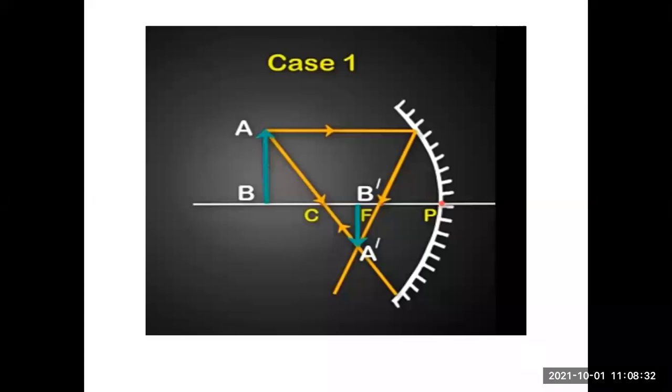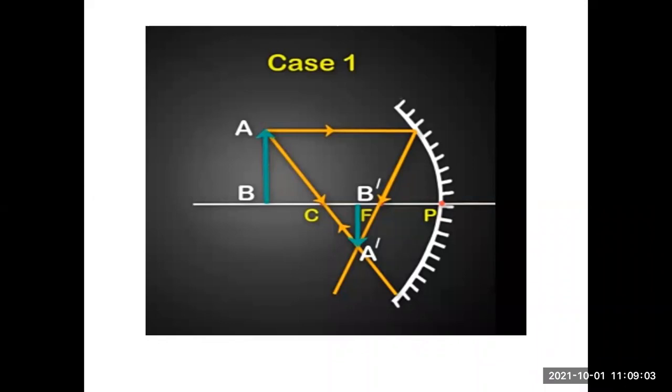If the incident ray passes through the center of curvature, then the reflected ray traces the same path back. You can see on the same line the incident ray arrow is given and the reflected ray arrow is also given.